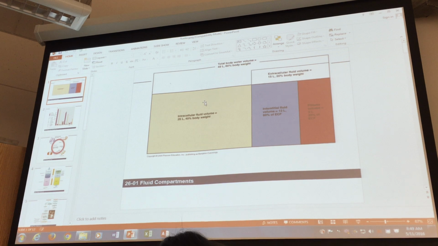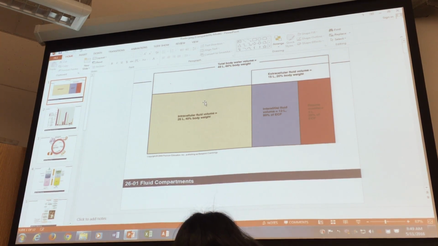So permeability, osmosis, osmolarity, solutes, and solvent. Covered it all.